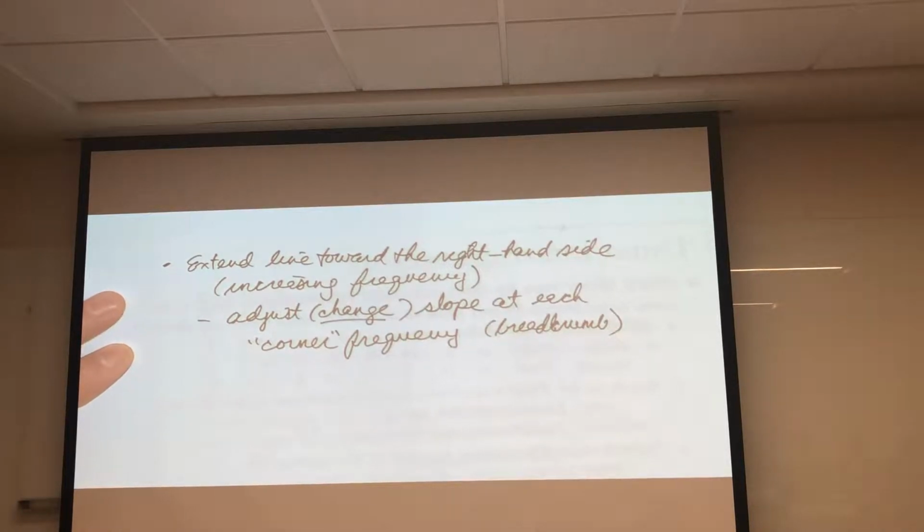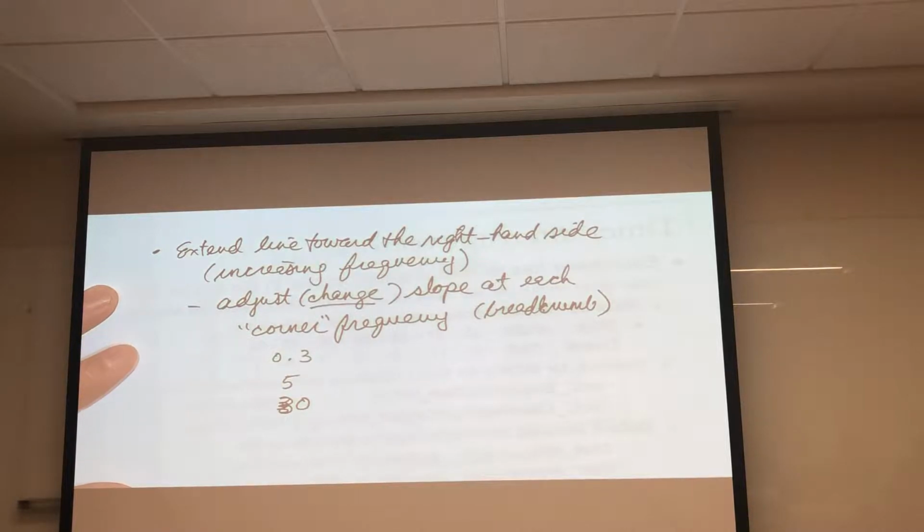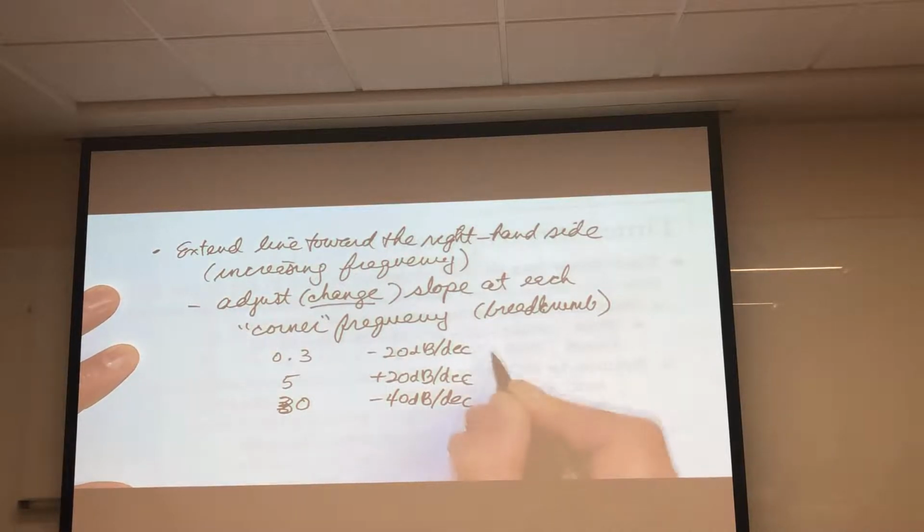Just again to review, my breadcrumbs are 0.3, 5, and 30. 0.3 was a pole, negative 20 dB per decade. 5 is a zero, plus 20 dB per decade. 30 was a complex pole, so it's minus 40 dB per decade.